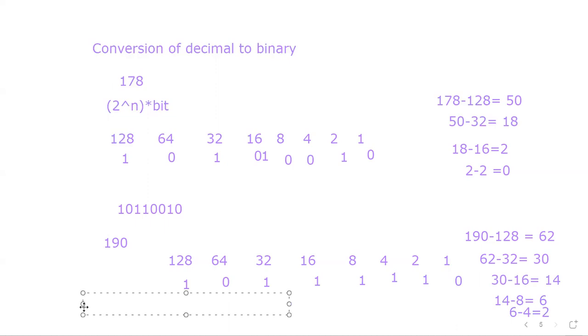So the binary value of 190 is 1 0 1 1 1 1 1 0, right? Let me give you some examples to do for practice. Please take a screenshot of this and practice it. Okay, dear? So let me go to another topic. Is all this clear? Okay.